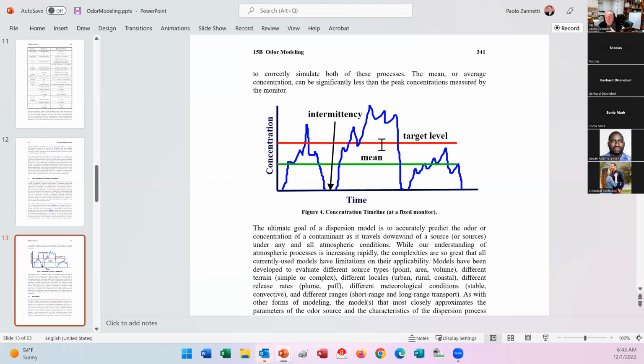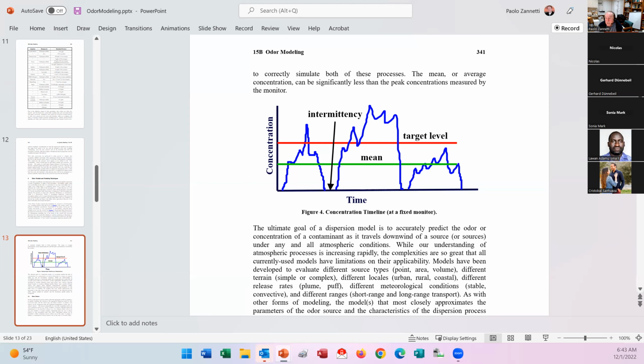So you have to be very careful about the use of the output of the model, because odor problems are caused by the maximum concentration, the maximum 1 minute or 5-minute concentration, and not the mean. So this is a further challenge that we have when we do odor modeling.